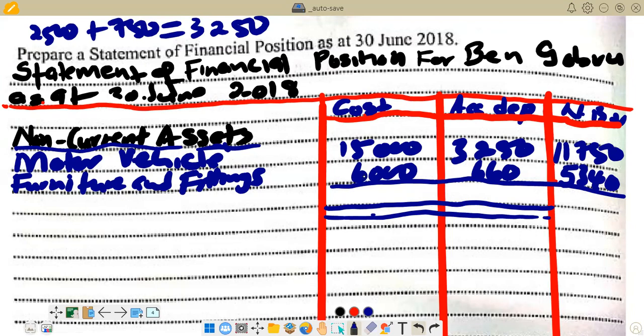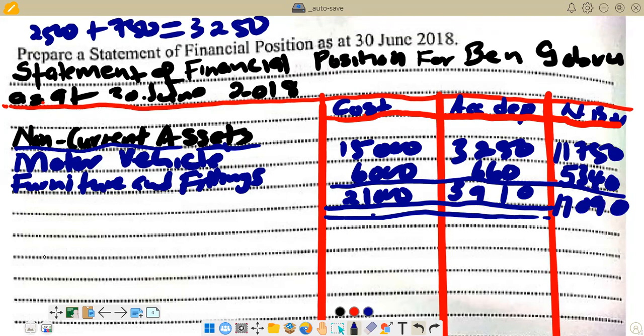Then 15,000 plus 6,000, you get 21,000 here. Then 660 plus 250, you can just add here 0, here 1, here 9, and then we get 3,910. Then if we add 11,750 plus 5,340, we get 17,090. So here 17,090. That's what we have in terms of non-current assets.